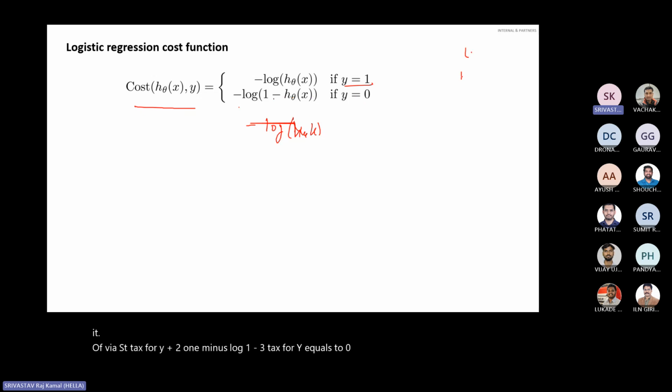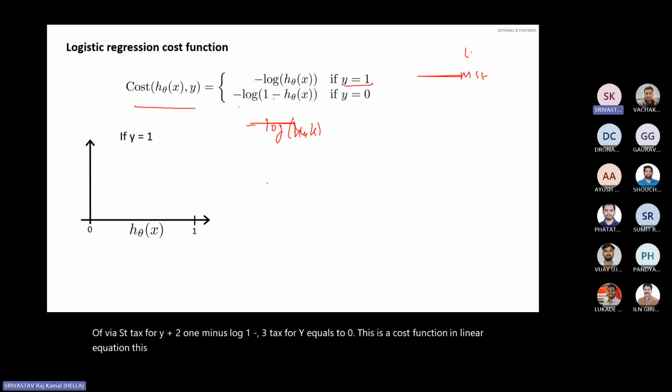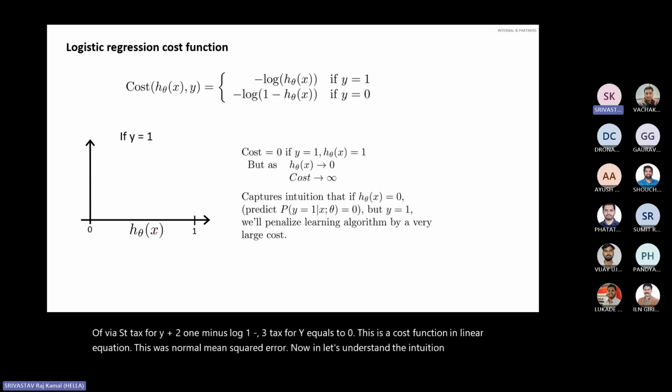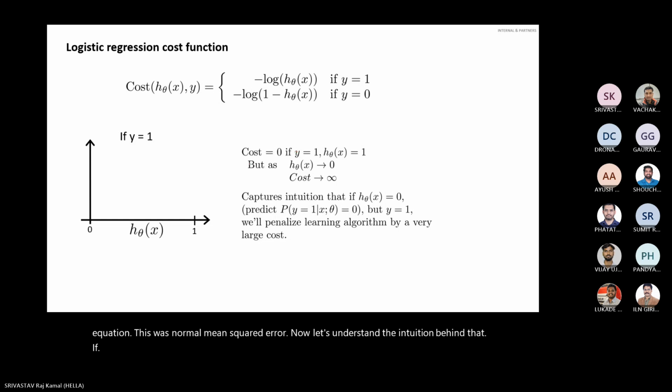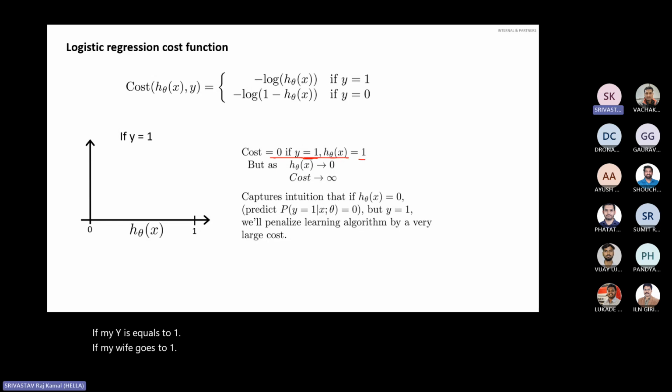In linear regression, this was the normal mean squared error. Now let's understand the intuition behind it. See, if my y equals 1, and s theta is 1, what it means is that my actual is 1 and my prediction is also 1. It means my cost is 0.